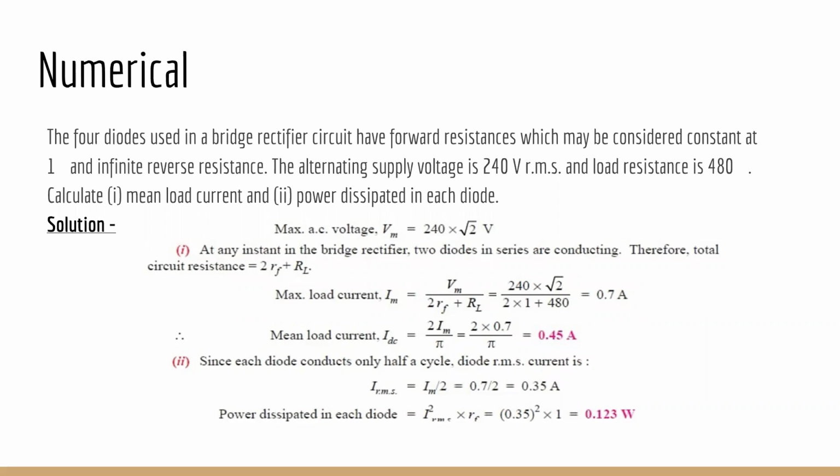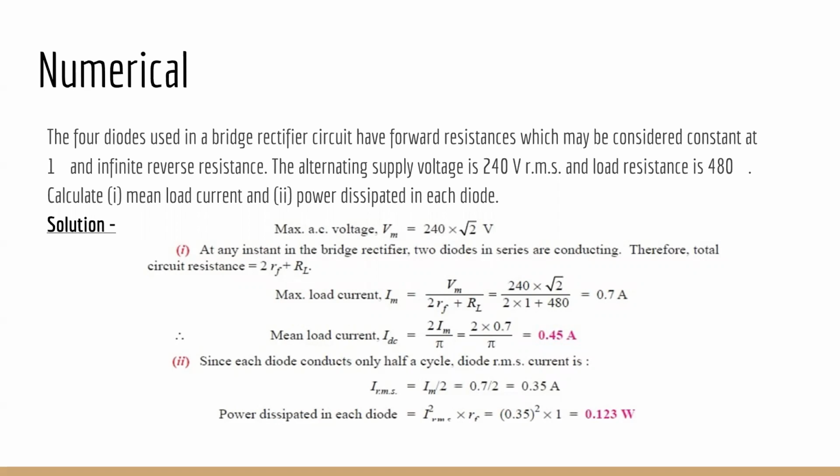Then for calculating the mean load current, IDC is equal to 2Im by pi, where Im is the maximum load current. Substituting the values, 2 into 0.7 by pi, we get 0.45 ampere. Then second, we have to calculate the power dissipated in each diode.